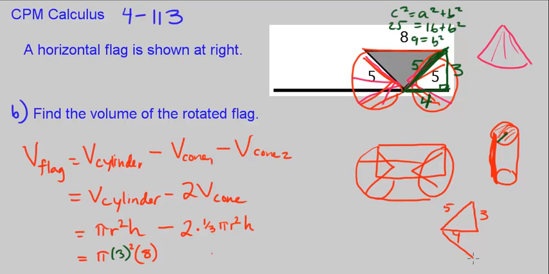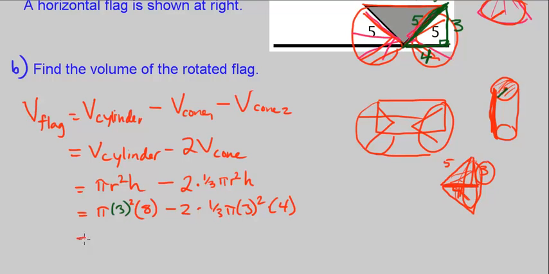And so here we're creating the cone. This is the base of the cone, and these sides go up. The radius of that cone is 3. At the base of the cone is a circle, and it has a radius of 3. So it's minus 2 times 1/3 pi, the radius is 3 squared, times h. The height of the cone is just 4. This is the height of the cone, 4.